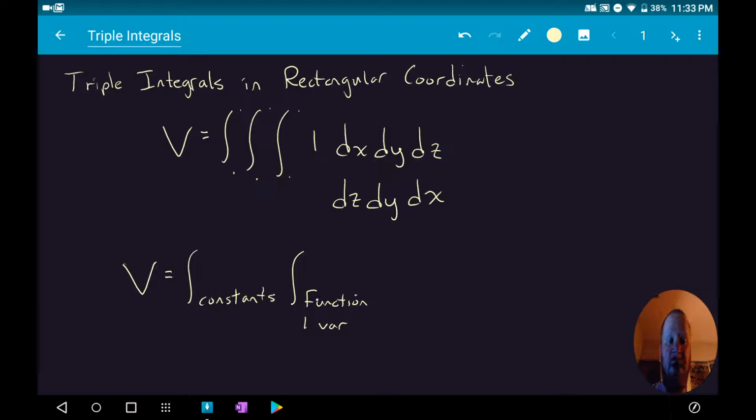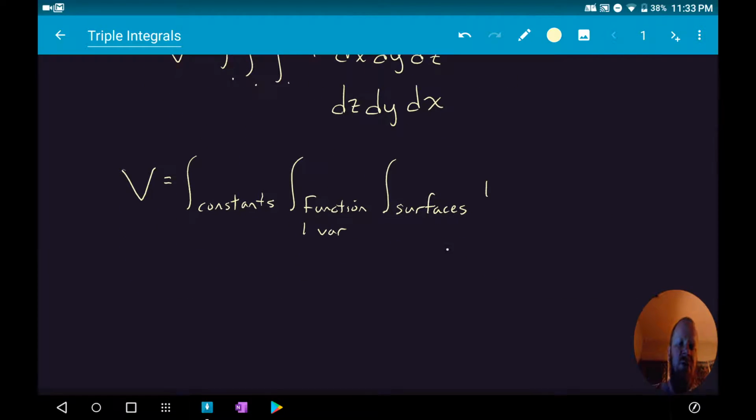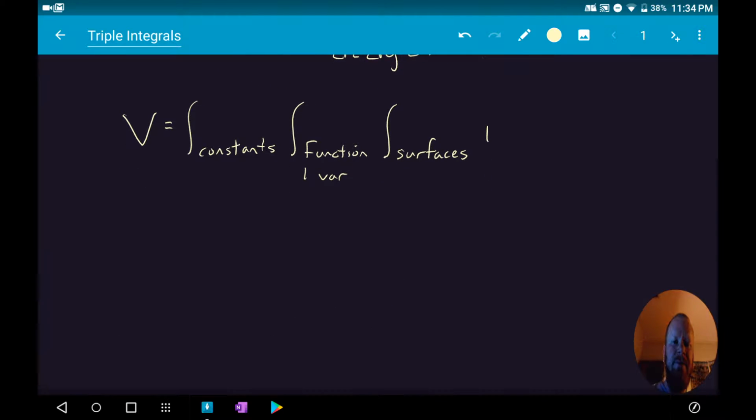So maybe this is y equals f of x, or y equals some function of x. And then this last piece here, we can actually put surfaces on here. I'll show you what this looks like in a drawing, and then I'll put the order that I want on here.